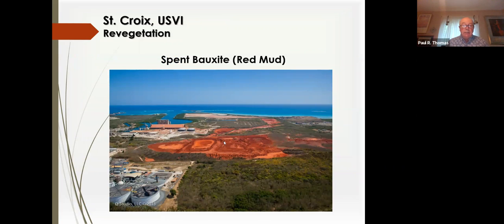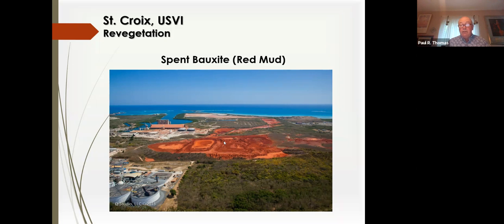Another site, and this is dealing with our revegetation experience. This was a spent bauxite site. An aluminum manufacturer would import bauxite into this harbor on the south side of the island of St. Croix.